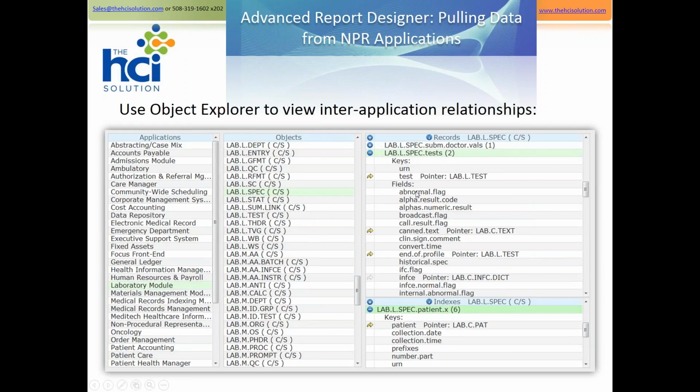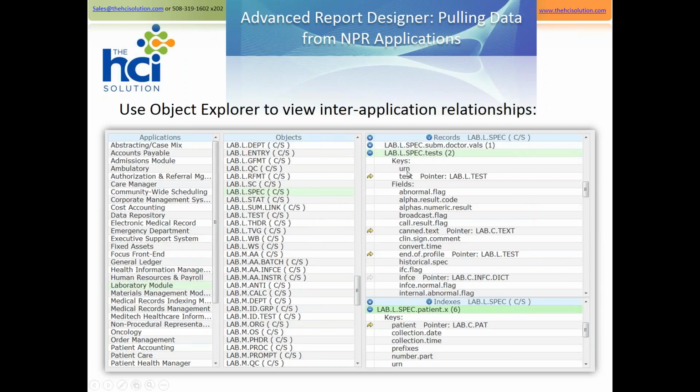If we look at the Object Explorer, we can see that this record has two keys basically. It has a URN, and that URN is a unique number for each specimen in the lab system. And then there's also, I believe, test, which is a number that points to the lab test dictionary, and that test dictionary just describes what the test is and what's considered for abnormal ranges and things like that.